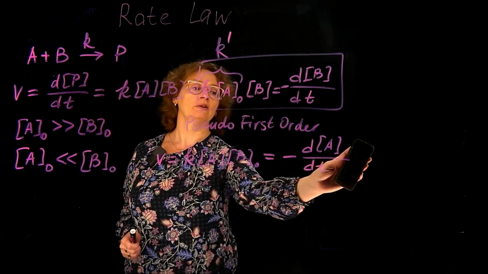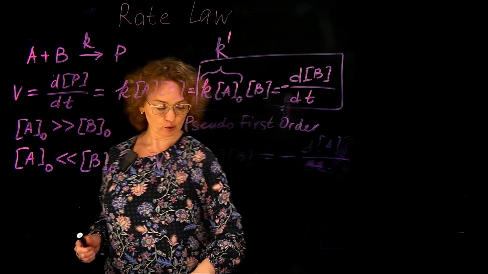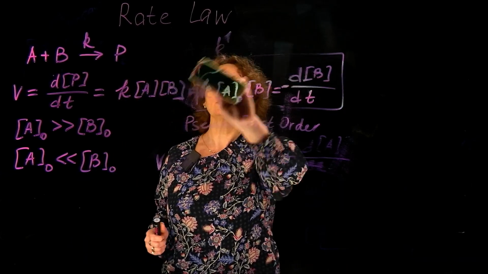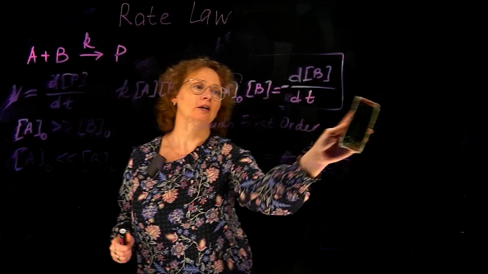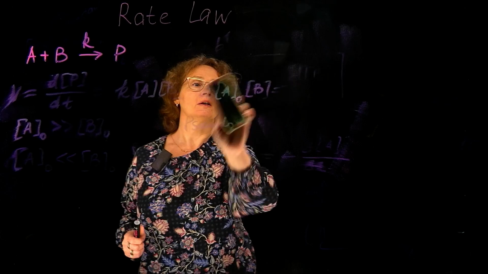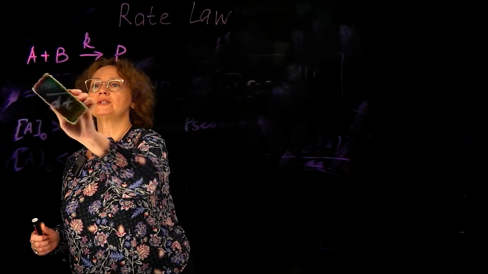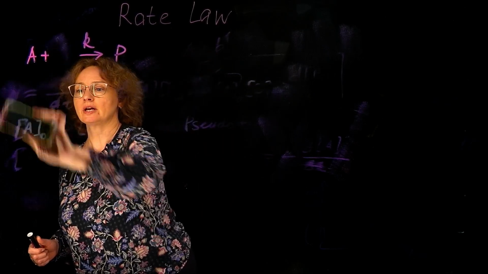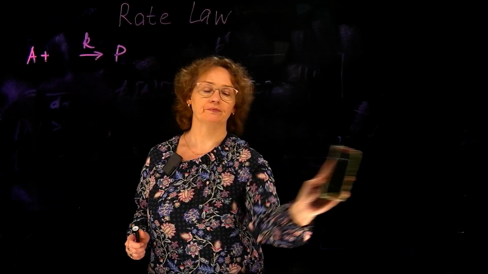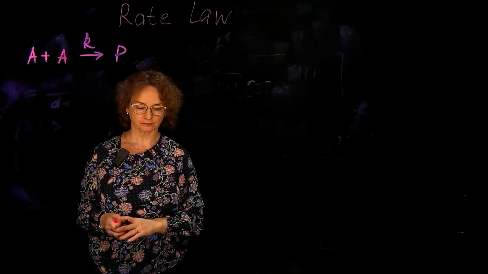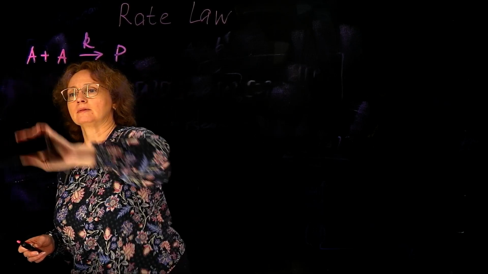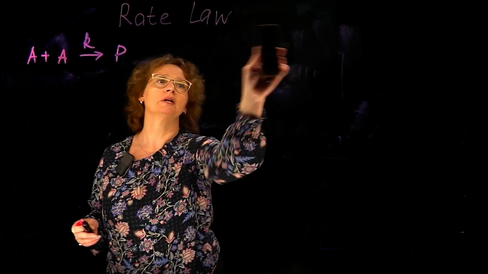This is kind of a special case of the reaction which has two reactants. Another special case would be when the stoichiometry of the reaction is such that we have 2 moles of the same reactant reacting, right? So we'll have A plus A right here. Let me erase it a little bit.